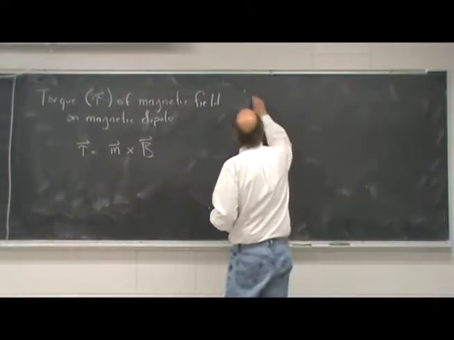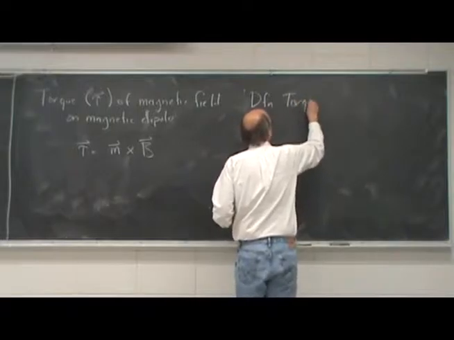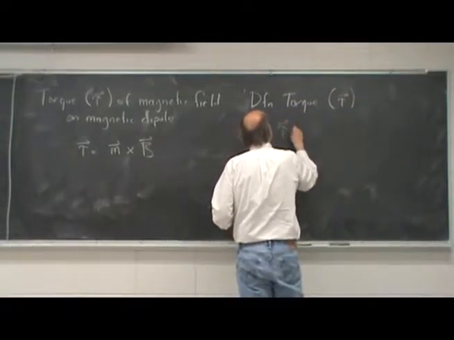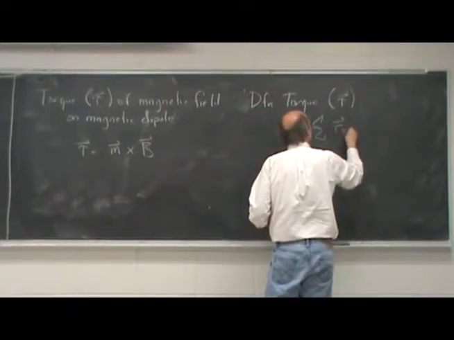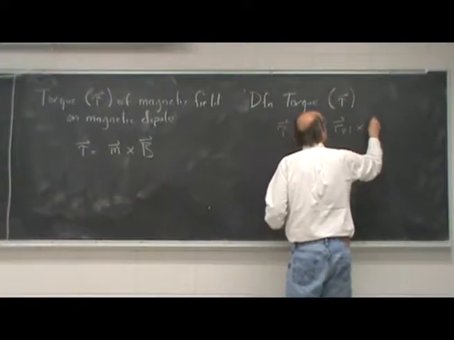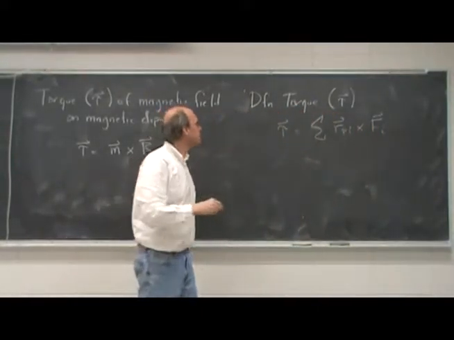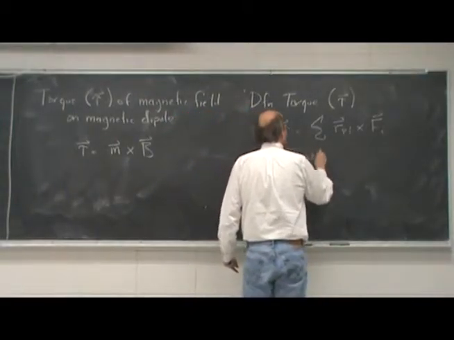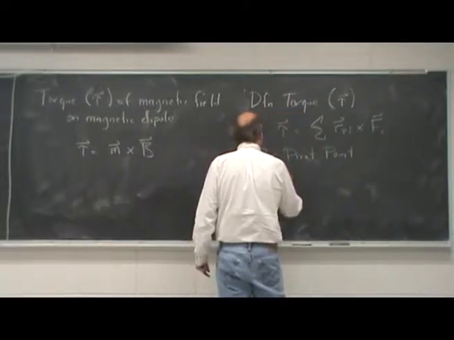So torque is going to be a sum of a displacement from some pivot point to the point where the force is applied. So P is a pivot point, and i is the point the force is applied.